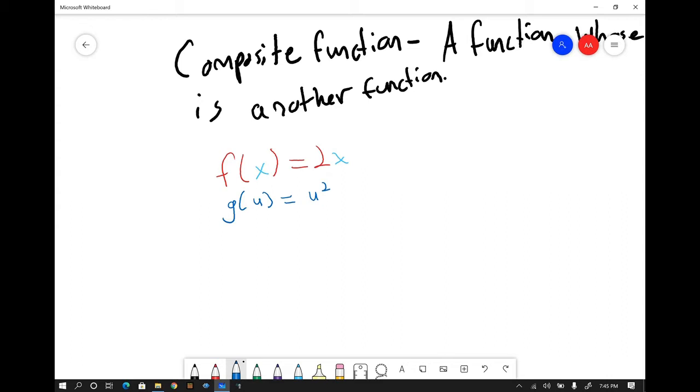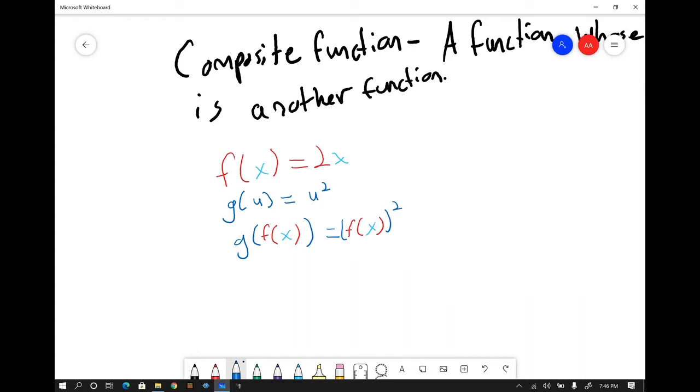So if we wanted to know something like what is g of f of x, then what we're saying is we have our function g and our input is f of x. So this would look like our function, which is our input squared. So we'll have f of x squared, and it's going to look like this.